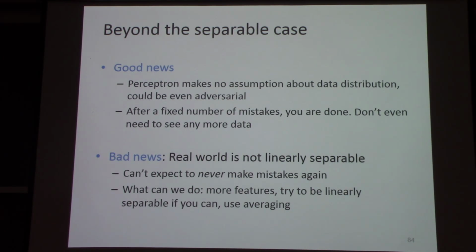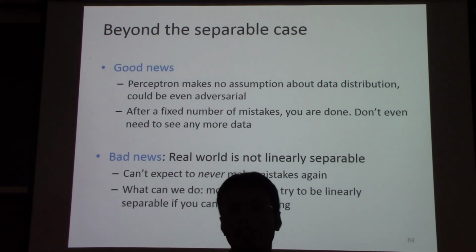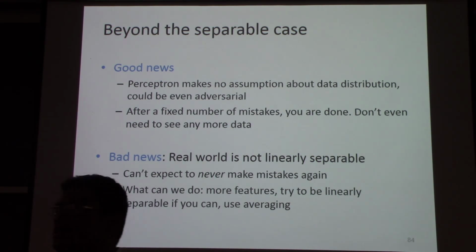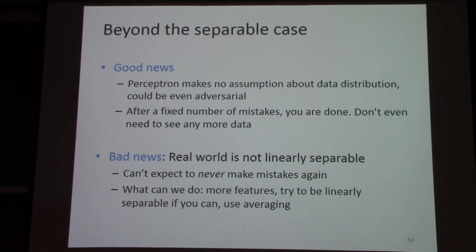On the other hand, we assume that the data is linearly separable, and unfortunately this is almost never true, unless you have a very contrived example. So then we have to come up with other techniques to help the perceptron algorithm generalize better.